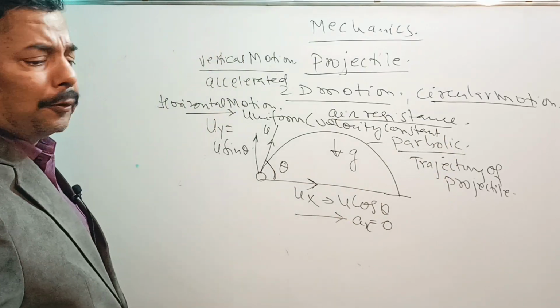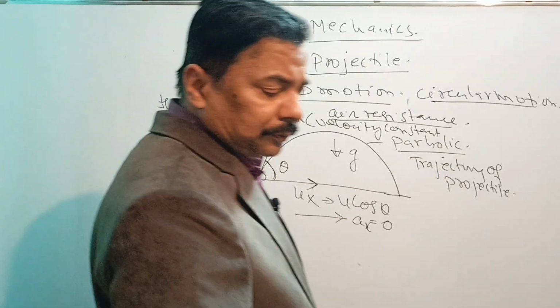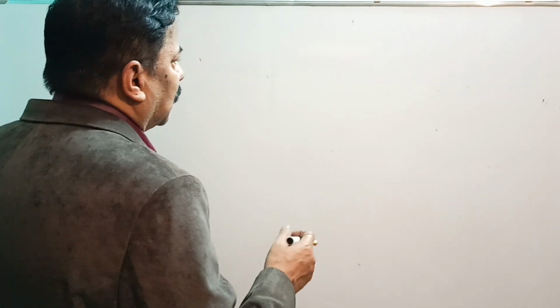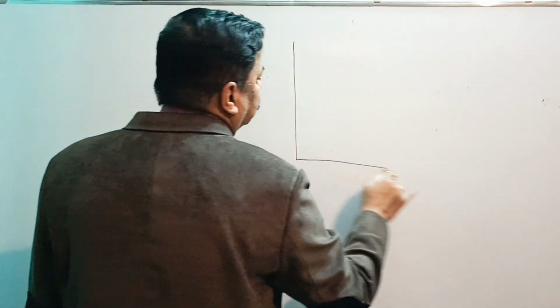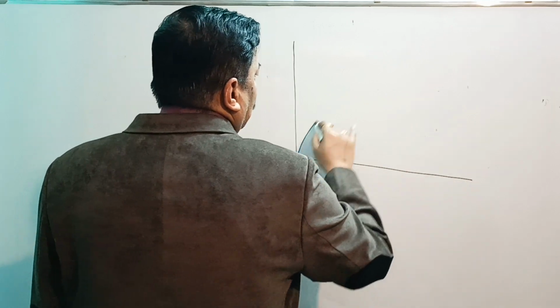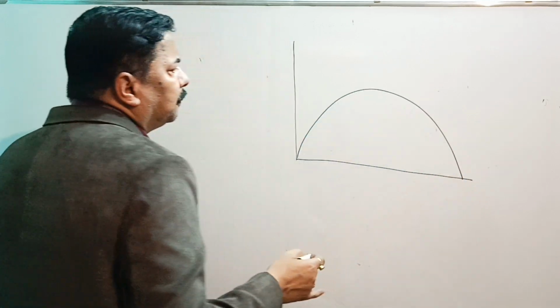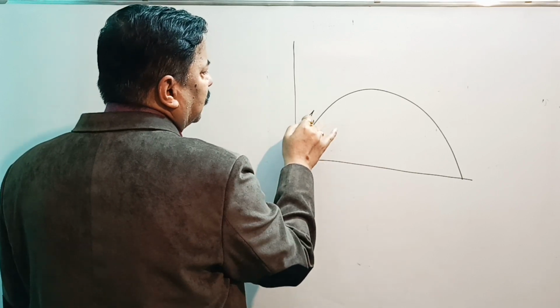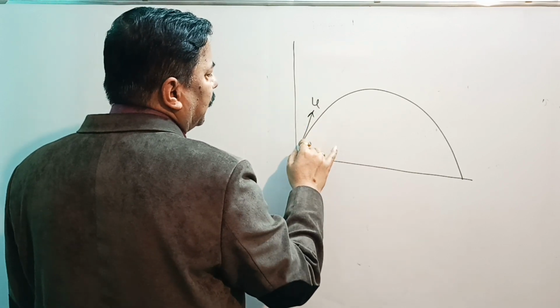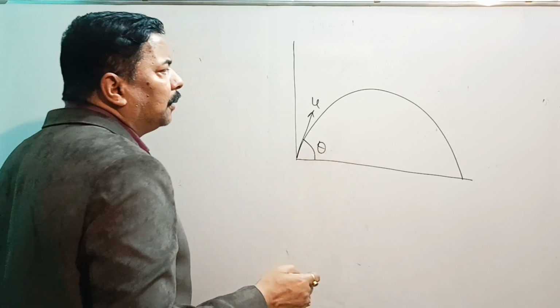Now let us discuss few parameters of projectile. There are few terms that we should understand in the projectile motion. This is the path of the projectile that has been given the u velocity at an angle theta.